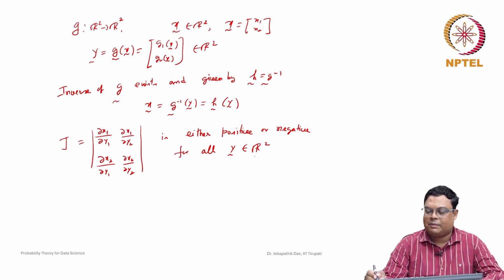This range may be a subset of R2, but it will be either positive or negative for all values of y. It will not be both. So if this condition is satisfied by this g, then we have this theorem.